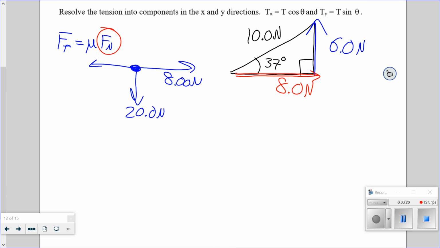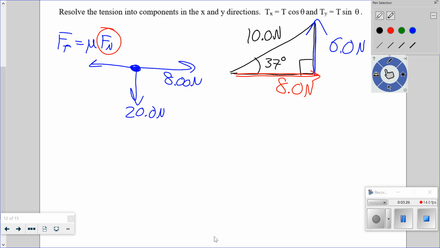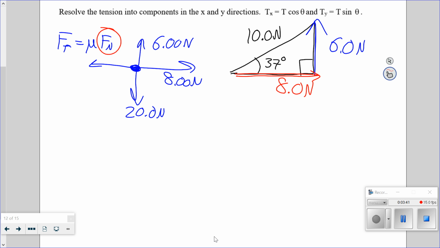Okay. Since we went to all the trouble with our vectors over there, we can't forget. We have a 6 newton component over here. So if I put 20 newtons for normal force, it's going to yank the penguin off the ground.